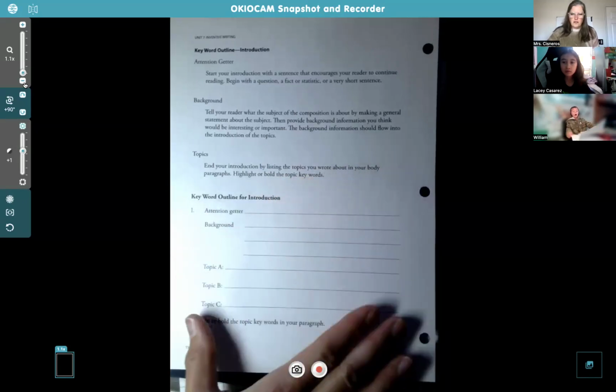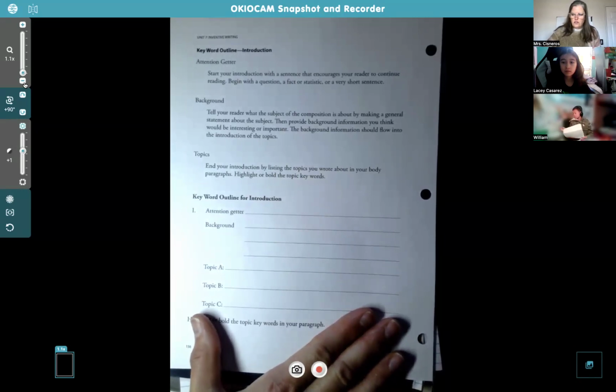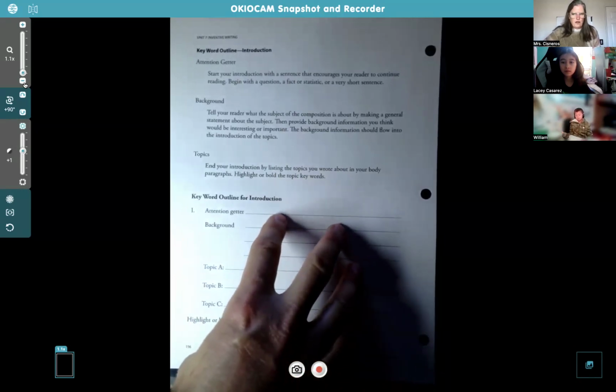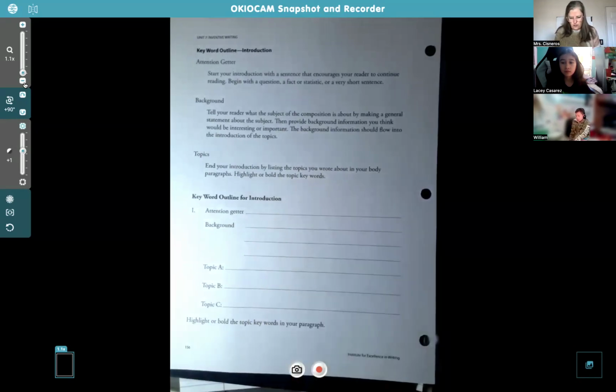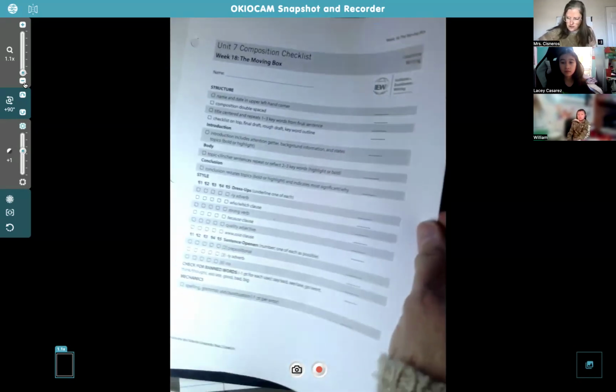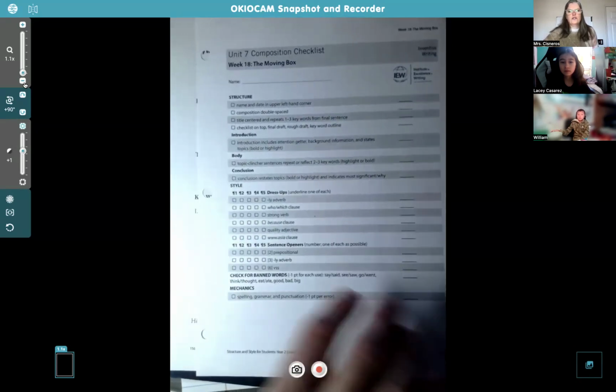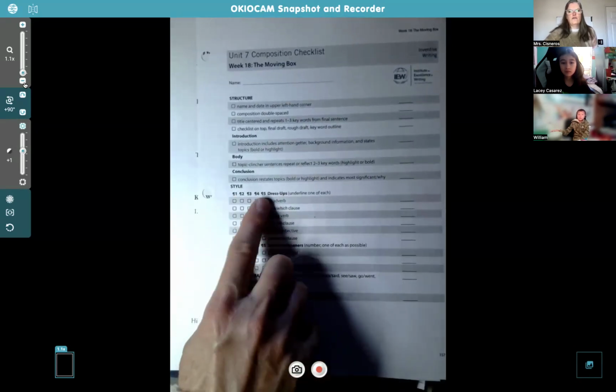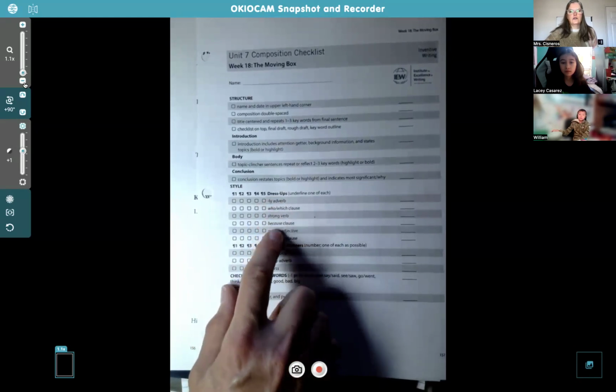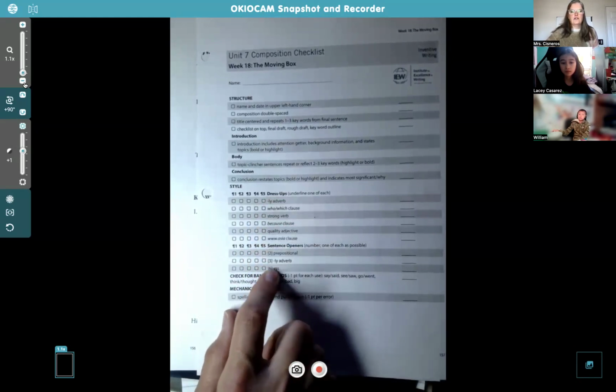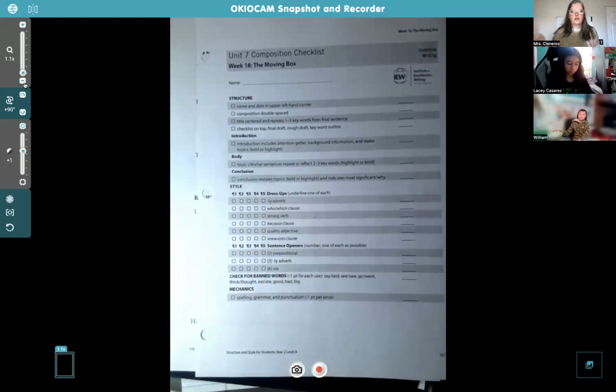And then when you're done filling all this out, you're going to start typing or writing your introduction paragraph and your conclusion paragraph. And notice on the checklist, you have 1 and 5 here, you still need to include all of your dress ups and your openers in the introduction and the conclusion.